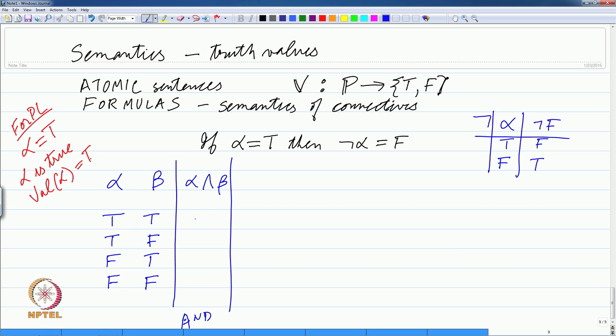So, whenever both are true, this is true, in all other cases this is false. Alpha or beta, this is or, and it is the inclusive or. So, if either one is true, this is true, else it is false.